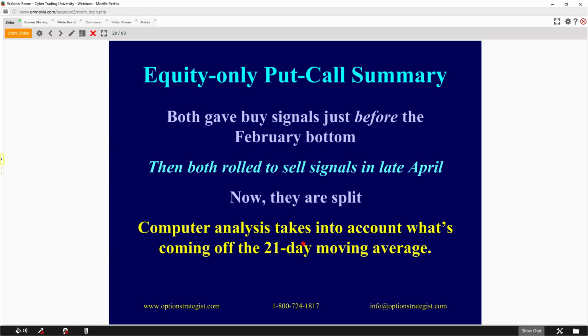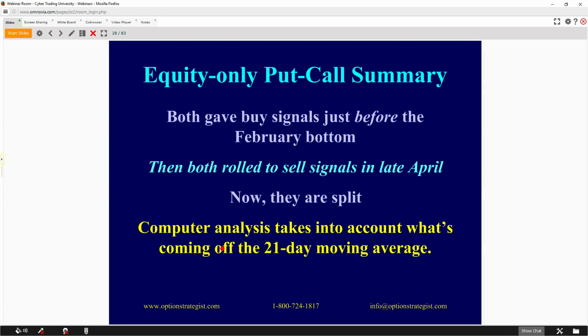So the computer knows what numbers are coming off the 21-day moving average, and it kind of knows what numbers are going to be coming onto the 21-day moving average because it knows what the ratios have been in recent days, and so it can sort of draw a tree forward of probable values. And when you start to get a slight little curl over in the chart, you might say, "Whoa, is that going to be a buy signal or not?" Well, the computer can weigh in on that and give you some help.